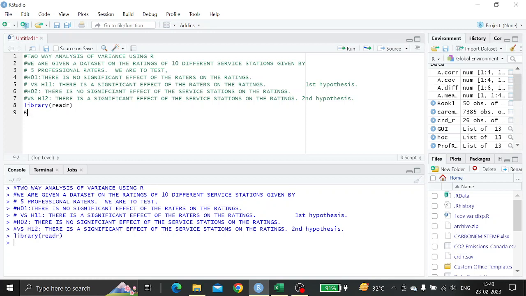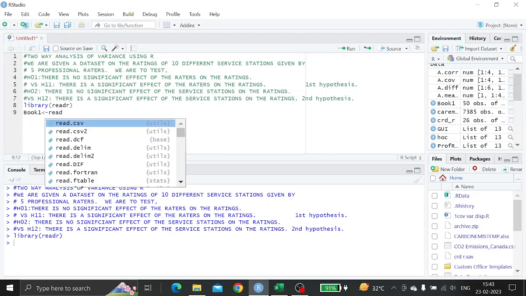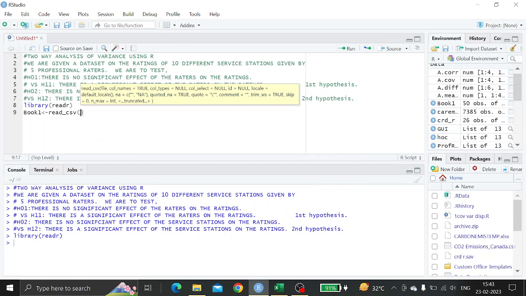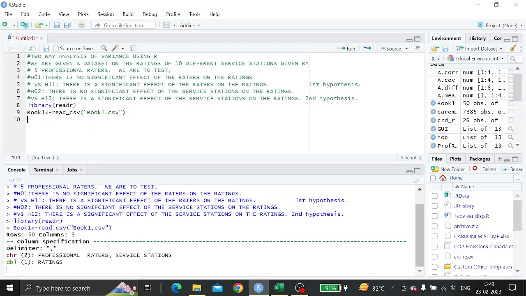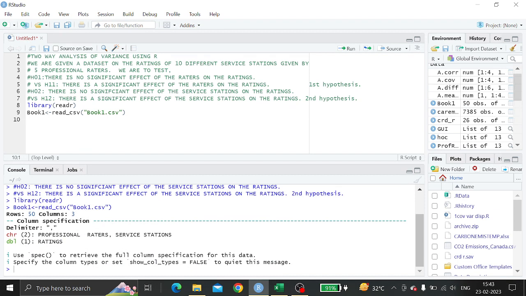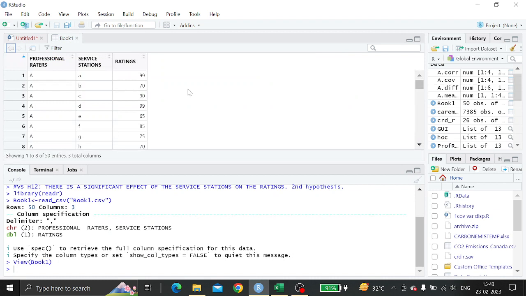Using read_csv, enter the file name, and now R has read it. Just have a look at how it looks. This is the actual CSV file which R is reading.